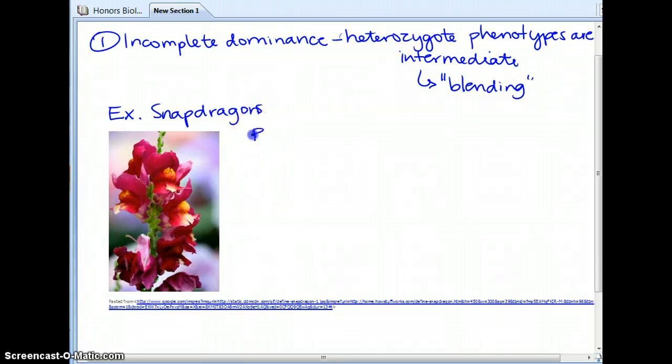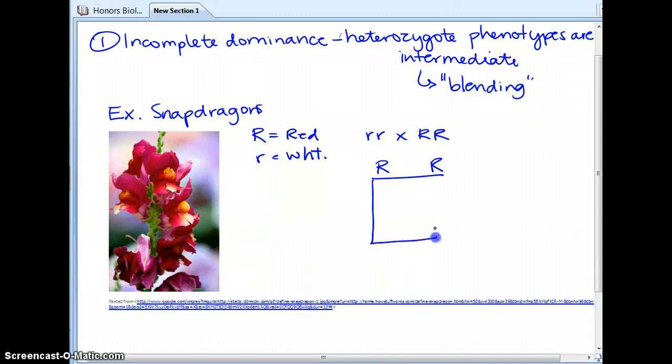Big R equals red, little r equals white, and so far nothing here has changed from what you're used to. However, when I cross a homozygous recessive with a homozygous dominant, what we find in our heterozygotes is a blending of the alleles.